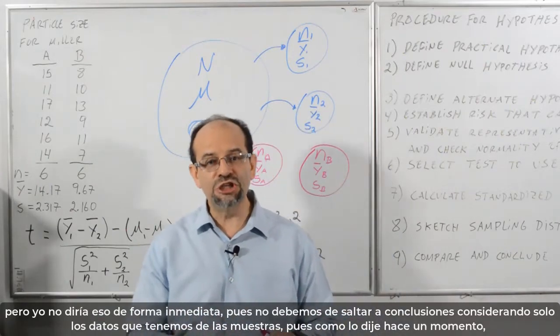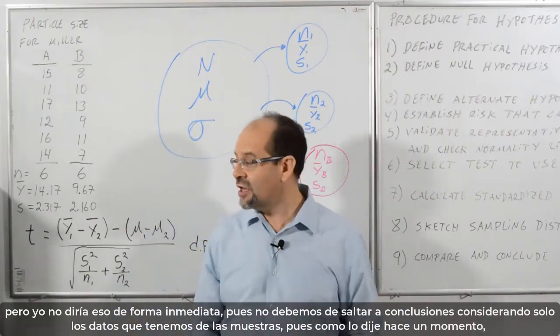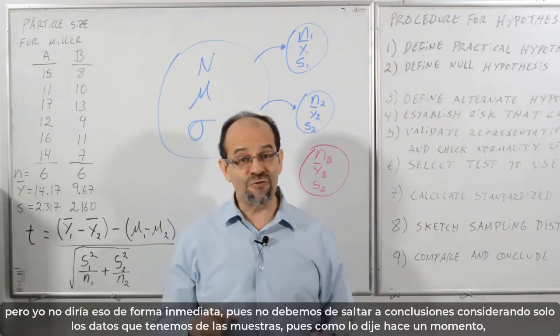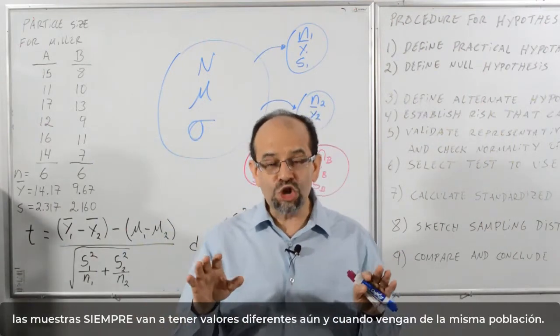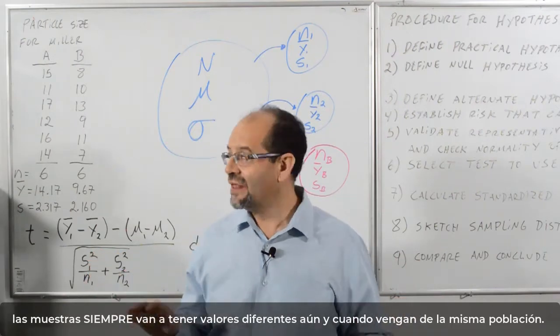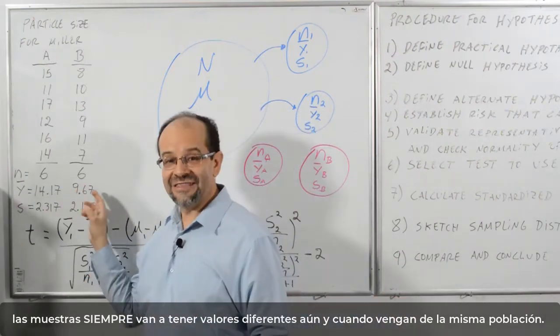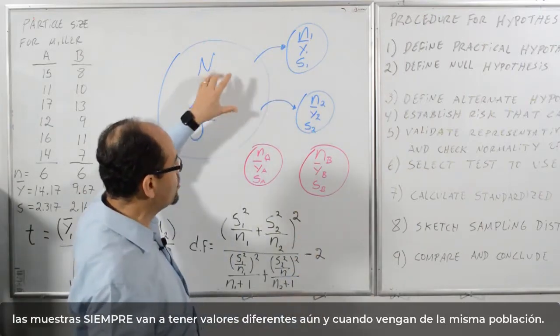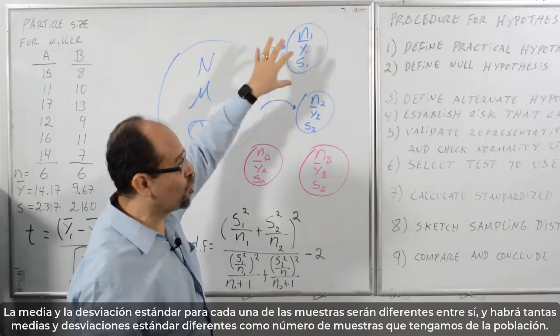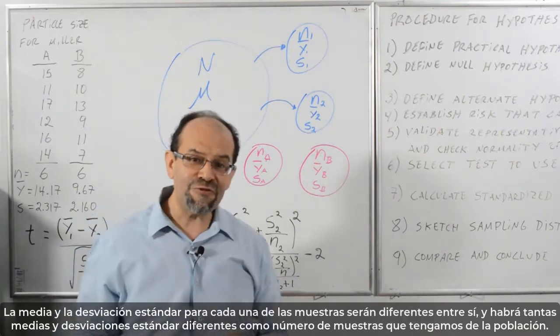You shouldn't jump to conclusions immediately from the data that you have from the samples. Because again, as I have said, the samples are always going to be different. Even if both are coming from the same population, the mean and the standard deviation for each of the samples will be different from each other.